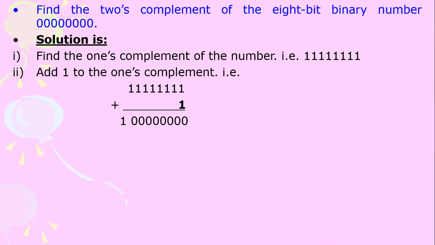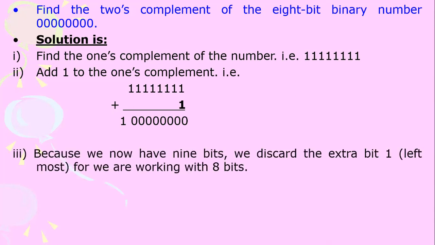And that continues all the way to the 8th bit, where we add that carry 1 plus 1, which gives us 0, carry 1. So we carry 1. And therefore, we get our result as 1, 0, 0, 0, 0, 0, 0, 0, 0.